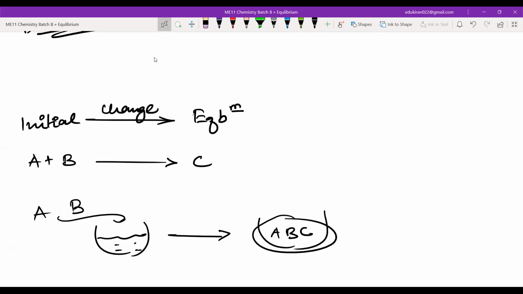The concentrations are not even changing now for C. Now this led to a question.